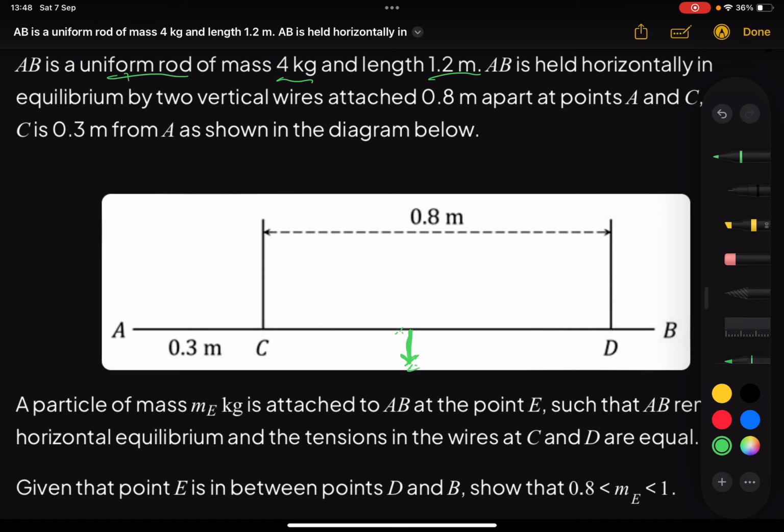So 4g, and this should be 0.1, since the whole length is 1.2, and the length from here to here is 0.5 meters, 0.1 meters here.